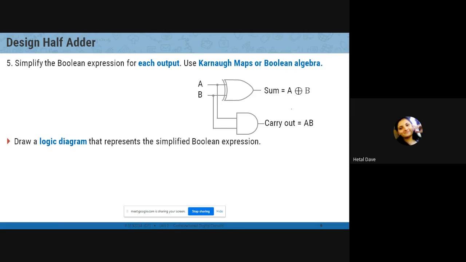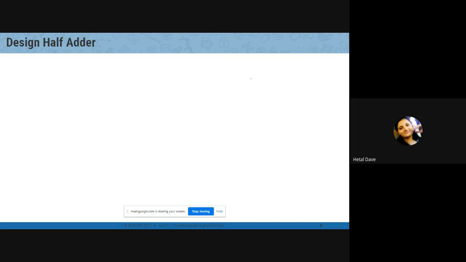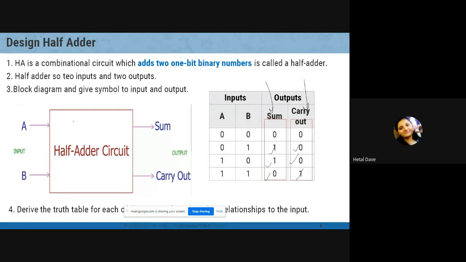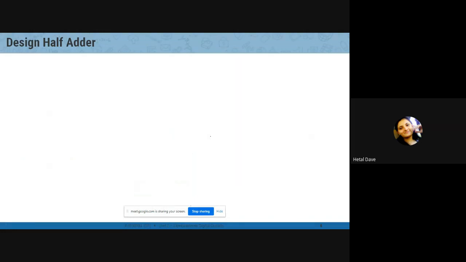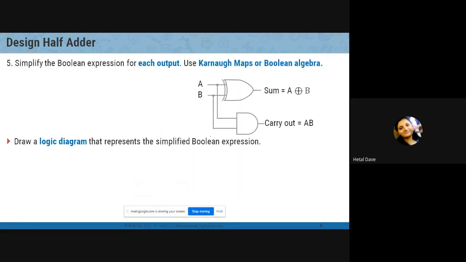The output of the AND gate will give me carry out. So this circuit is built inside this box. Okay, so this is the block diagram where the internal circuit is not shown. Once you solve all these things, then at the end we will find its internal circuit.